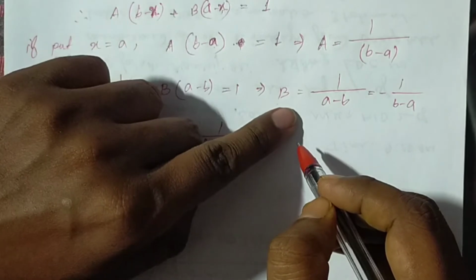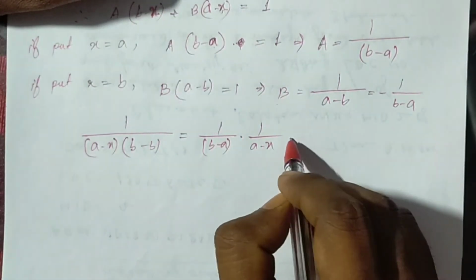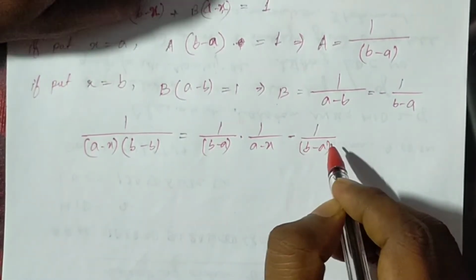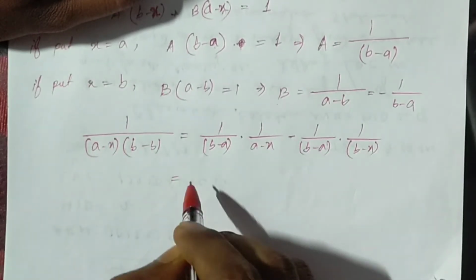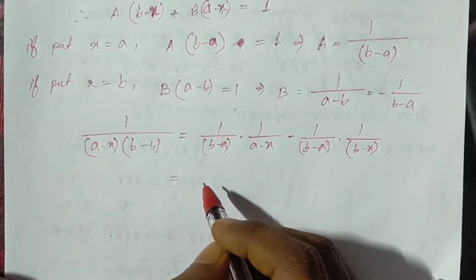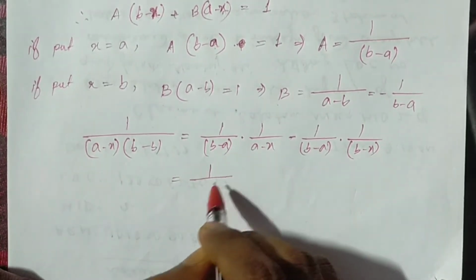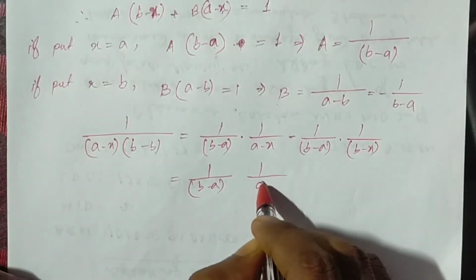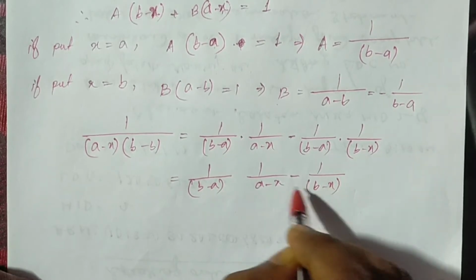Next, when we will put B is equal to this one, it will be minus 1 by (b minus a), and it will be into 1 by (b minus x). So we can take 1 by (b minus a) common. So here it will be 1 by (a minus x) minus 1 by (b minus x).